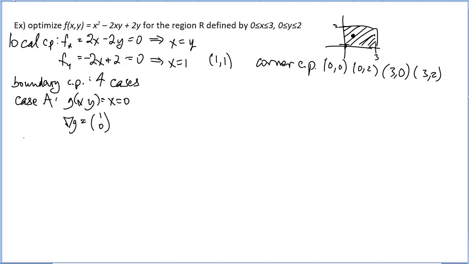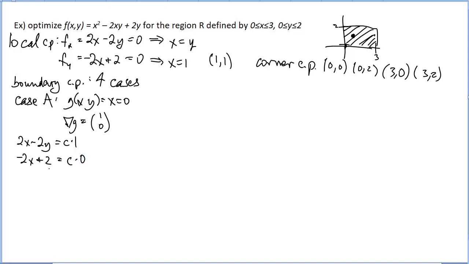So 2x minus 2y equals c times 1, and negative 2x plus 2 equals c times 0.